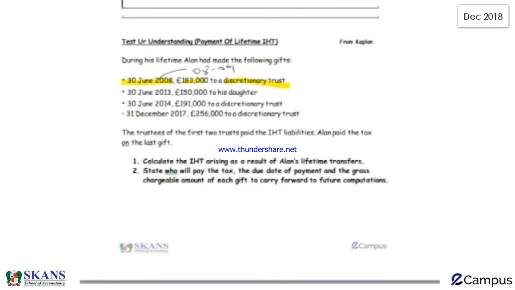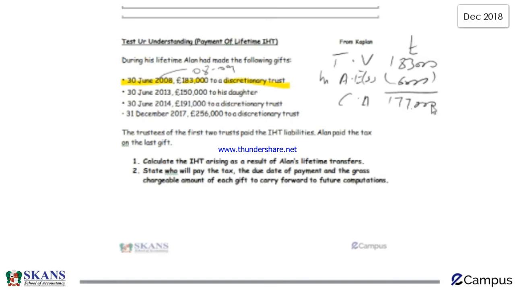We will be able to deduct 2 annual exemptions out of this transfer of value. And so, after deducting 2 annual exemptions, the chargeable amount of this CLT will be 177,000.